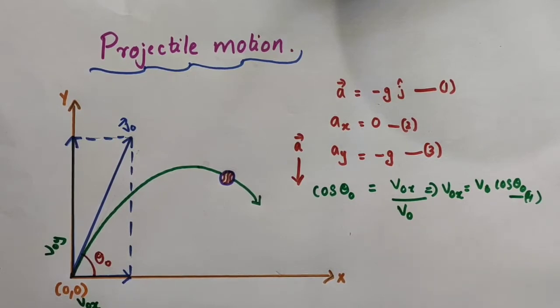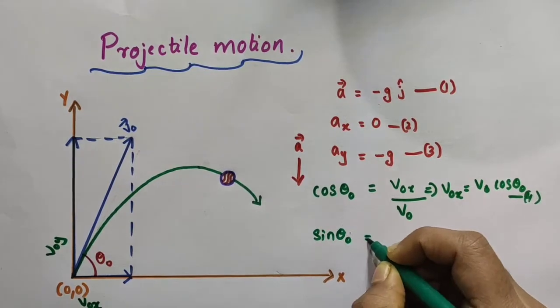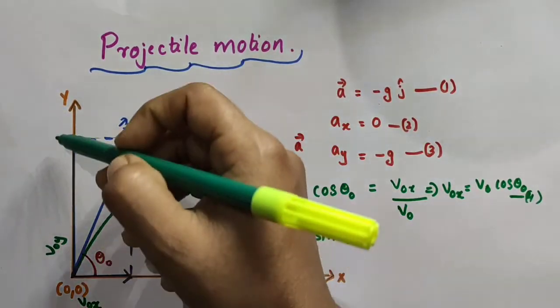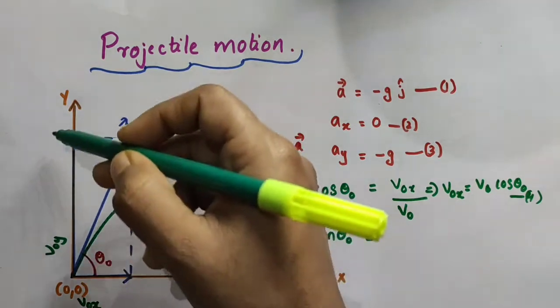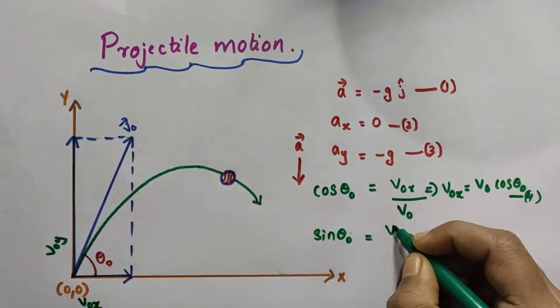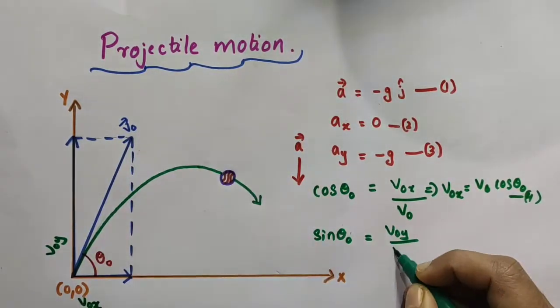Okay, now if I am finding sin theta 0 here, then sin theta 0 is equal to the opposite side. The opposite side is parallel to this one, that is the y component of initial velocity, which has a magnitude v0y. So v0y divided by the hypotenuse, which has a magnitude v0.